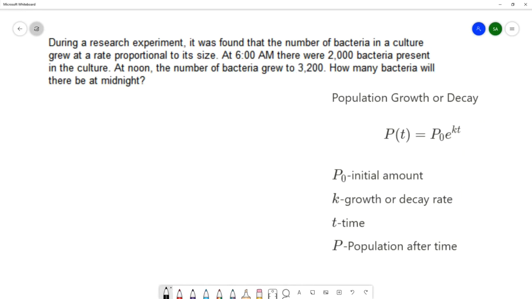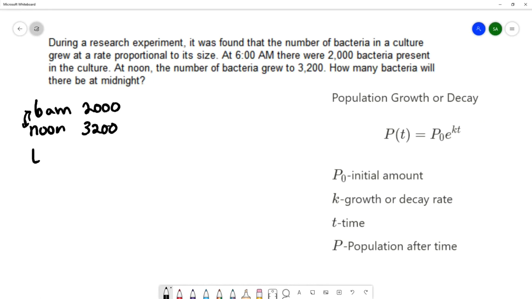So let's write this down. At 6 a.m., we have a population of 2,000, and then at noon, the population grew to 3,200. Now what I need to know is the time difference between these two, noon and 6 a.m. So 6, 7, 8, 9, 10, 11, 12, that's 6 hours later.